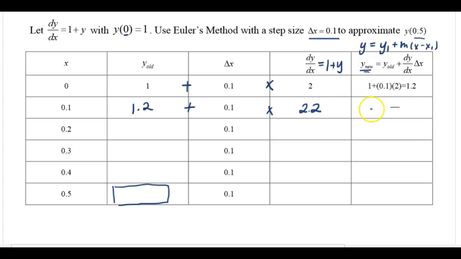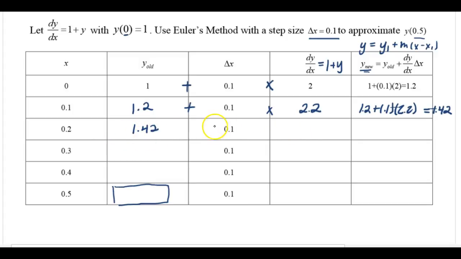So then what's going to go right here is my y old, so that's 1.2 plus 0.1 times 2.2. And that's going to give me 1.42. And 1.42 is my y old in this next row because I'm going to keep going, right?